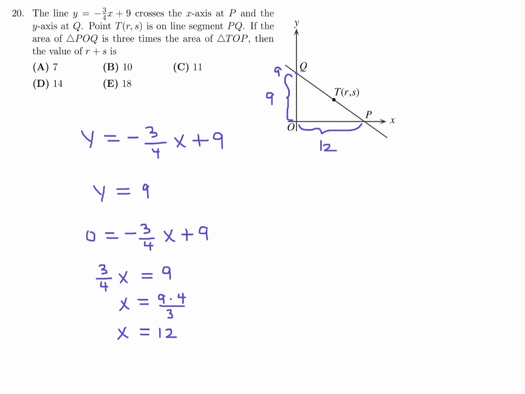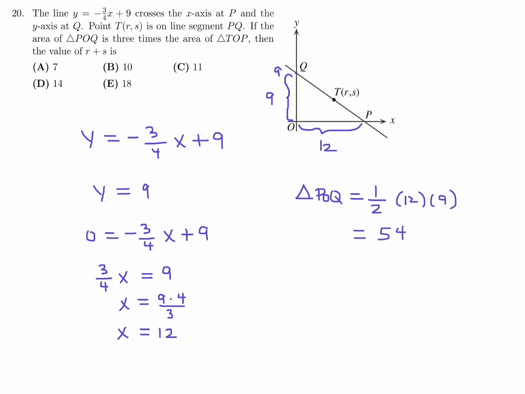All right, so the first thing I want to figure out is the triangle POQ area. 1/2 base times height, the base is 12, the height is 9, and that looks like 6 times 9, which is 54.